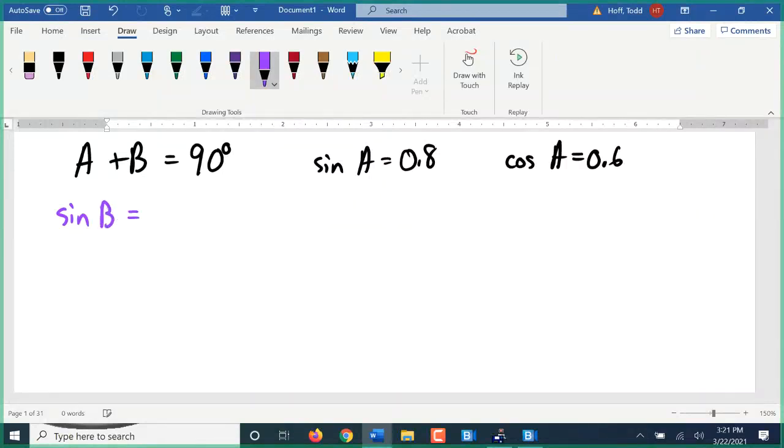What if I ask you to find the sine of angle B? Since A plus B equals 90 degrees, those are complementary angles. The sine of one is the cosine of the other. Cosine of A is 0.6, so the sine of B is just 0.6.